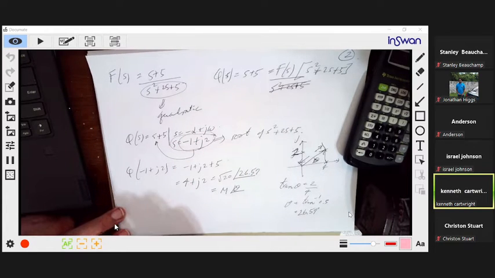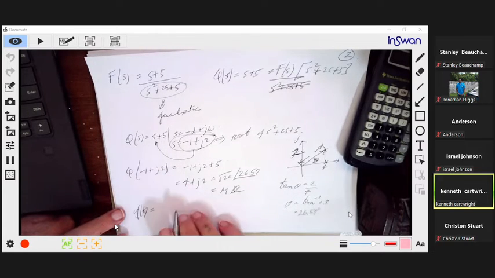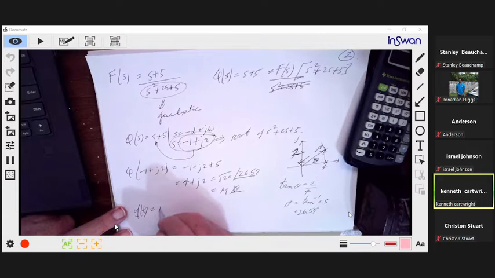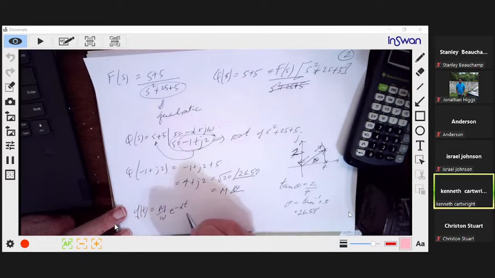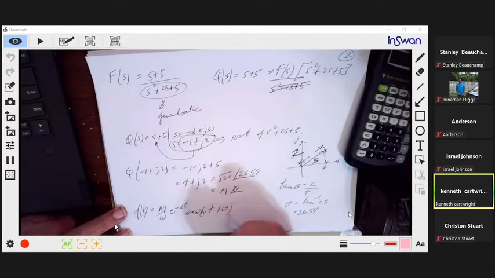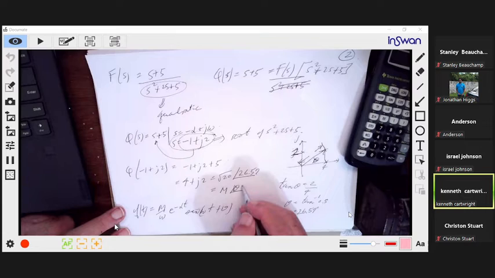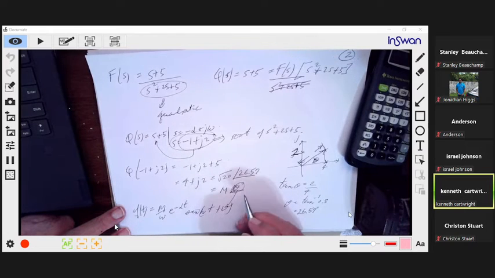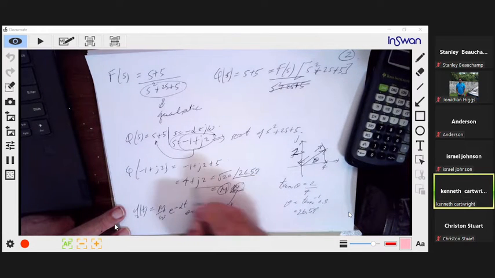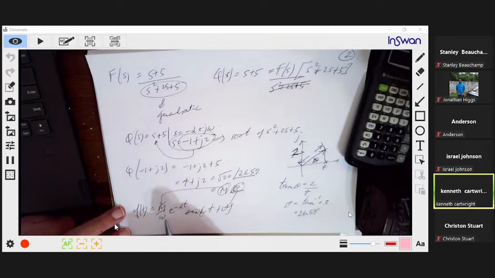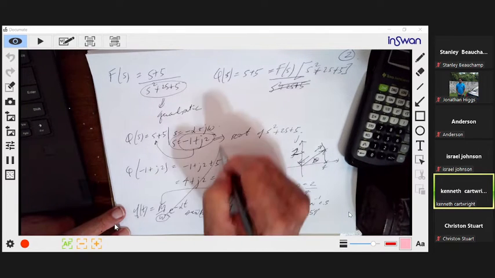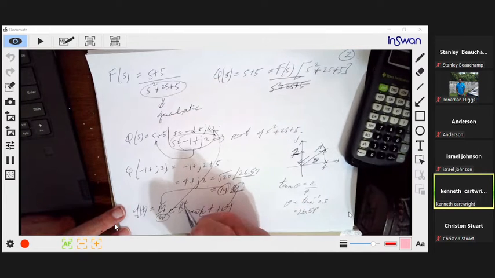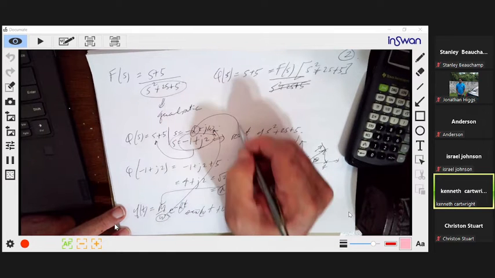Okay. So f of t will be M over omega, e to the minus alpha t, sine of omega t plus theta, where this theta is that theta, this M is that M, this omega is that omega, this alpha is that alpha.